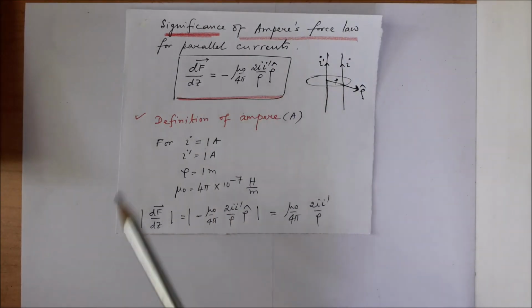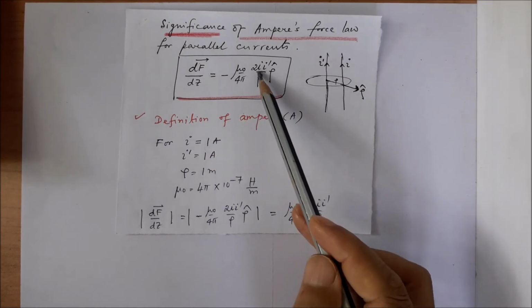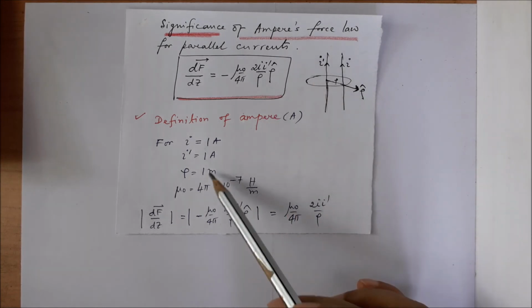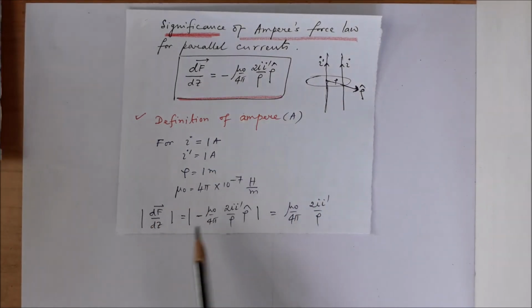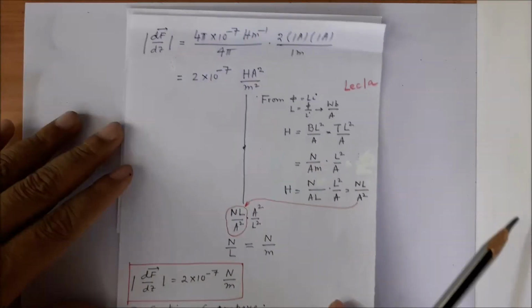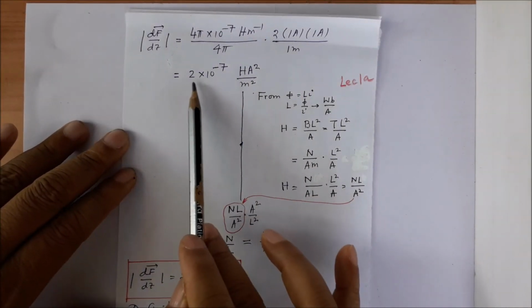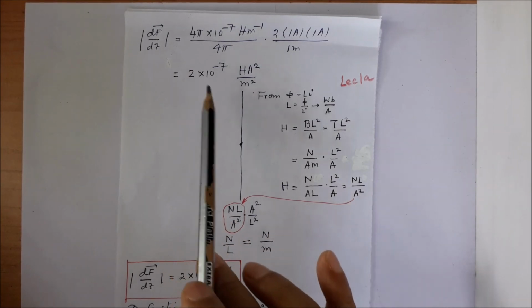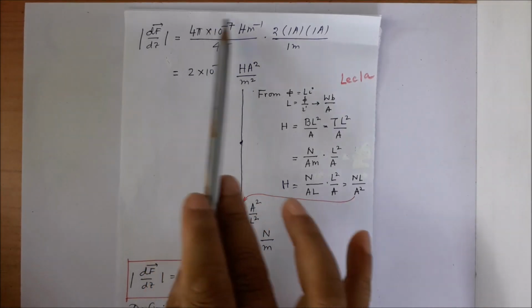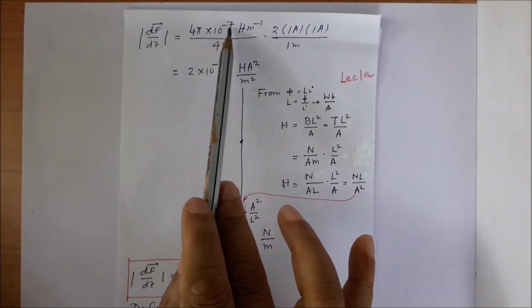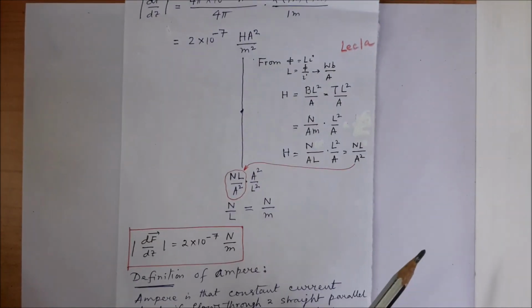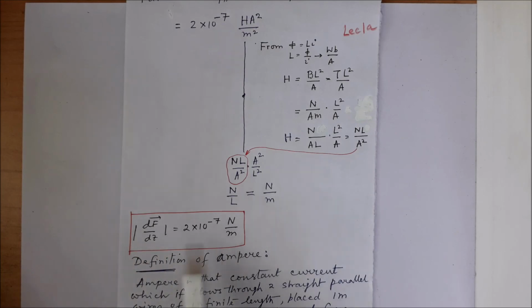This is the law, and if we put 1 unit for I, 1 unit for I prime, and the distance of separation as 1 meter, then a simple calculation gives us 2 into 10 to the power minus 7 as the numeric, and here we have put the value of mu 0 to be 4 pi 10 to the power minus 7 Henry per meter, and proper consideration of units gives us this value, Newton per meter.